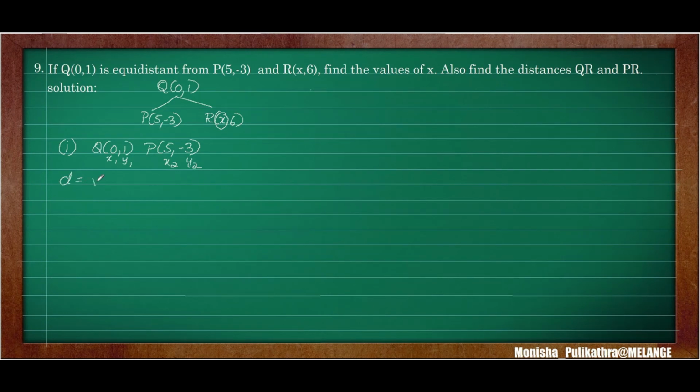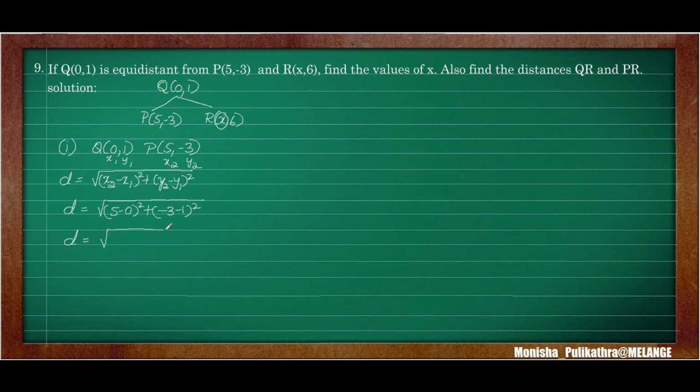So by applying the distance formula, d is equal to the square root of (x2 minus x1) whole square plus (y2 minus y1) whole square, which is 5 minus 0 whole square plus -3 minus 1 whole square.